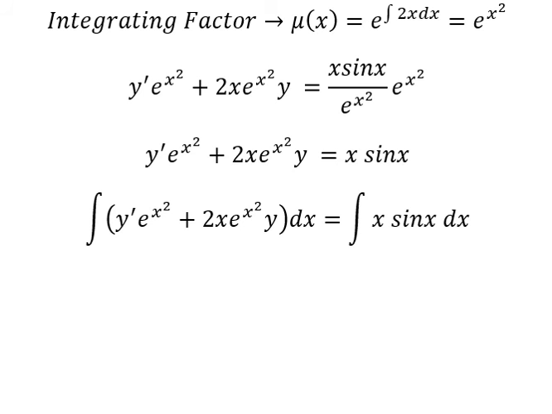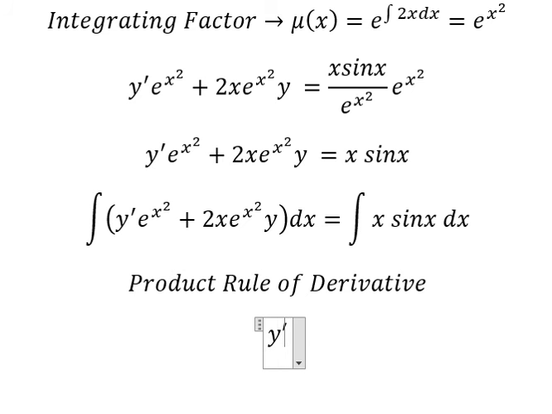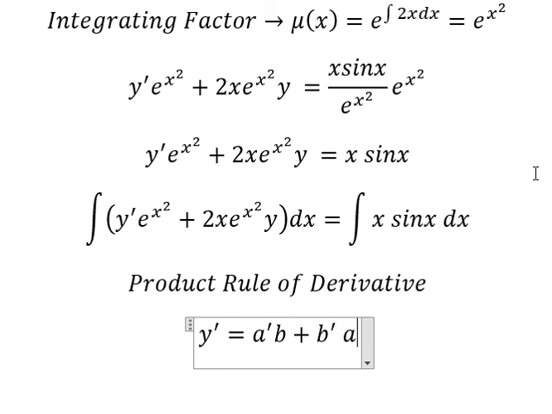Next, we can use the product rule of the derivative. So we have the first derivative of y equals the first derivative of a multiplied by b, plus the first derivative of b multiplied by a.